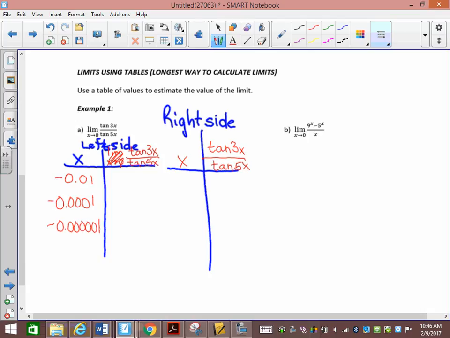Let's skip the ones in between, because technically once you get to here, you're seeing pretty accurately what you are close to. So you can go to your calculator and go tan bracket 3 times negative 0.001 divided by tan 5 bracket negative 0.001.